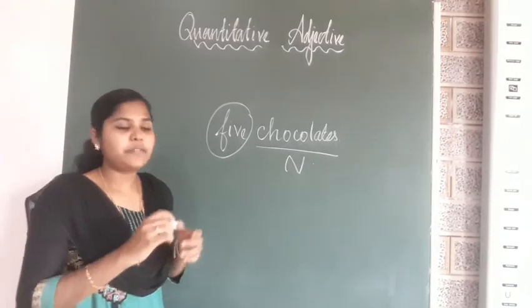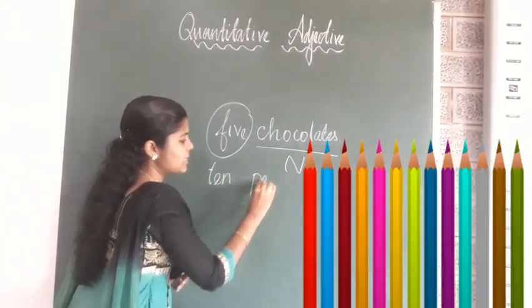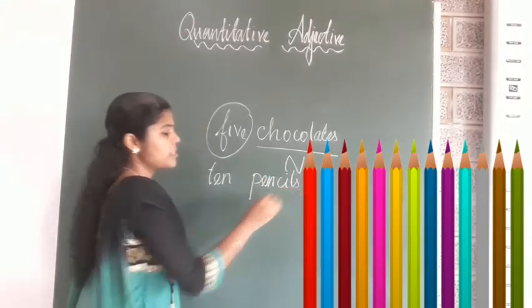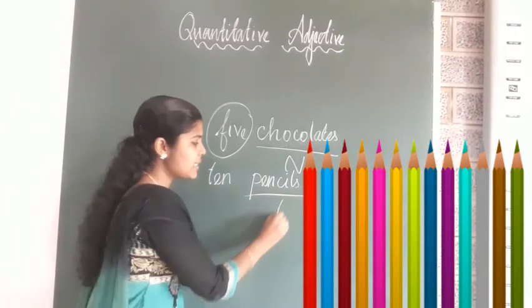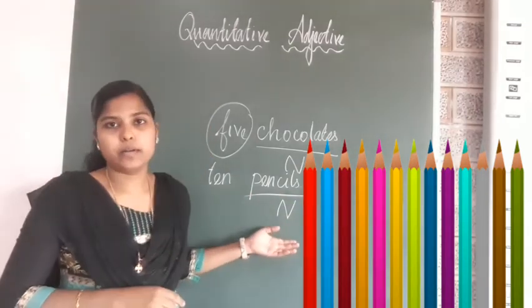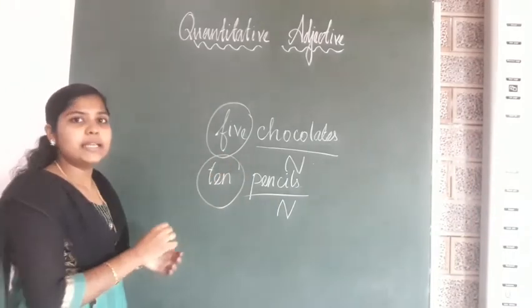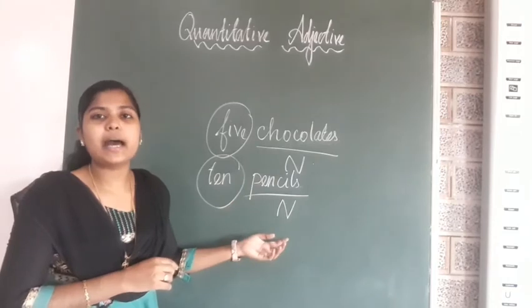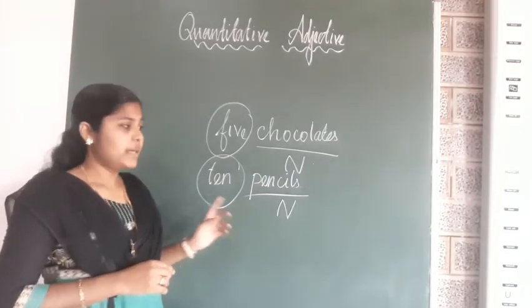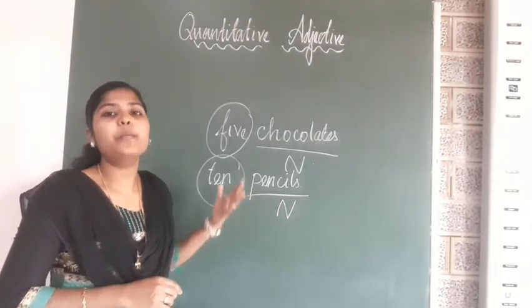Can you understand if I am saying 10 pencils? She has 10 pencils. Here pencils is a noun, isn't it? Here this word 10 is indicating how much the noun is. We have 10 pencils. How much the noun or pronoun is, or how many.